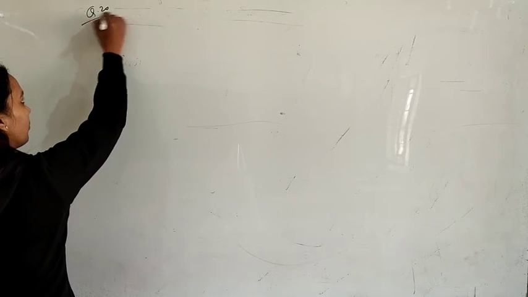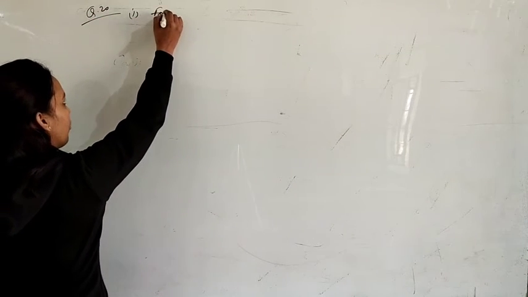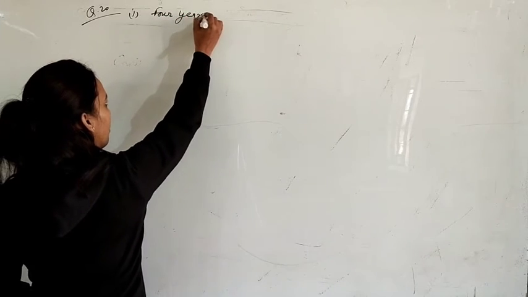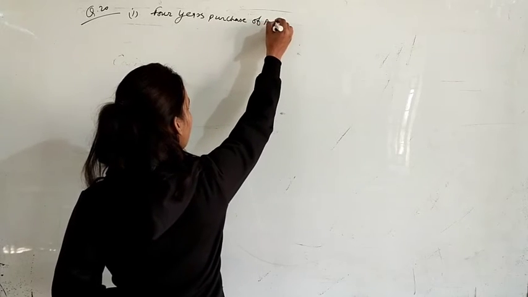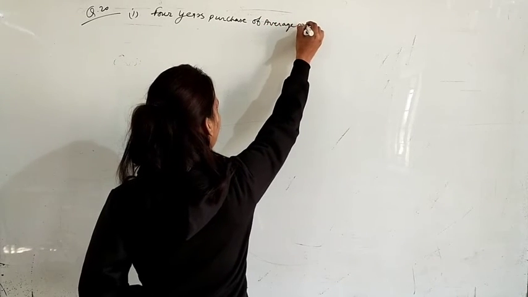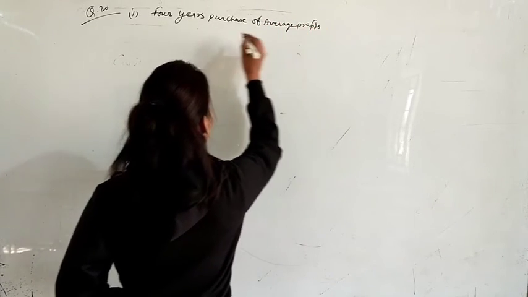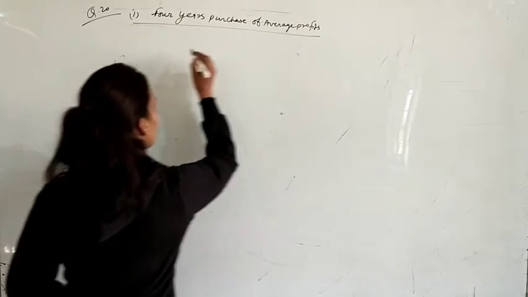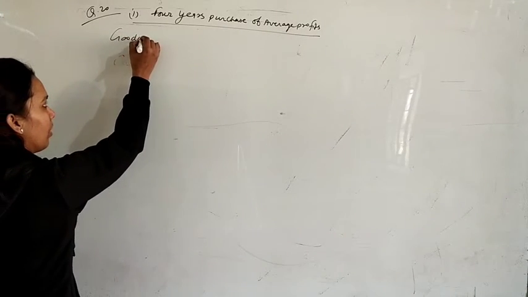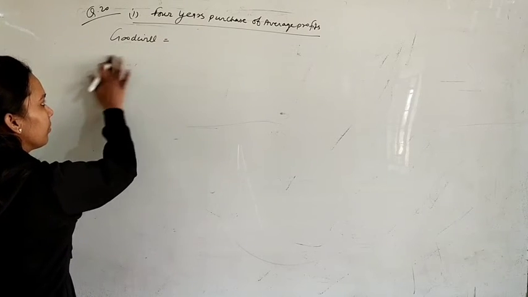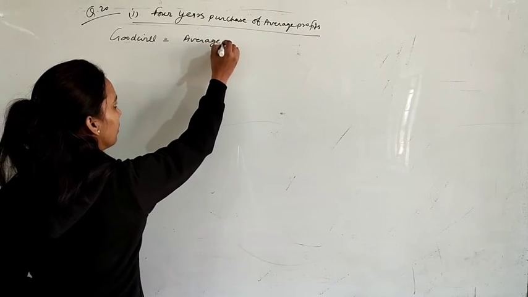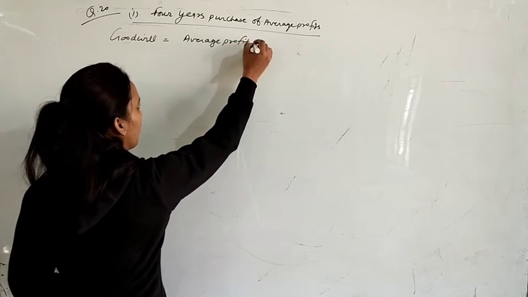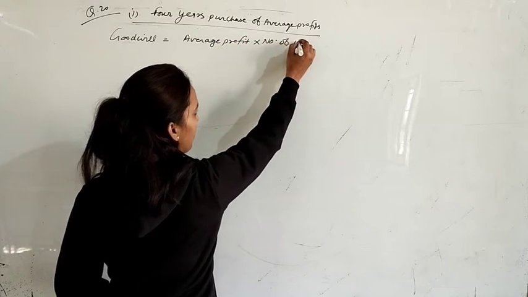So first one we are going to solve, that is 4 years purchase of average profit. So in this, formula of goodwill will be average profit multiplied by number of years purchase.